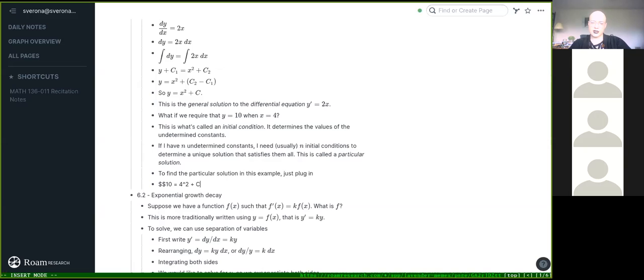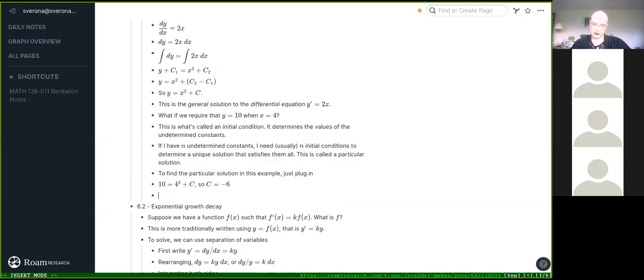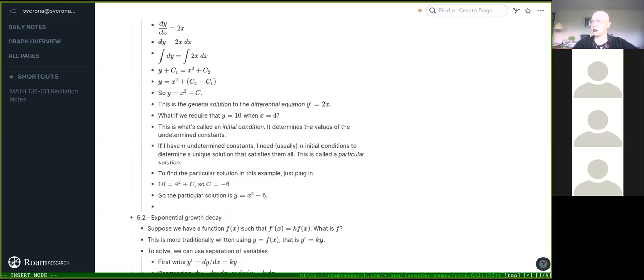So I know 10 is 4 squared plus c. And if I solve for c, that gives me -6, I believe. So I say the particular solution is y equals x squared minus 6.